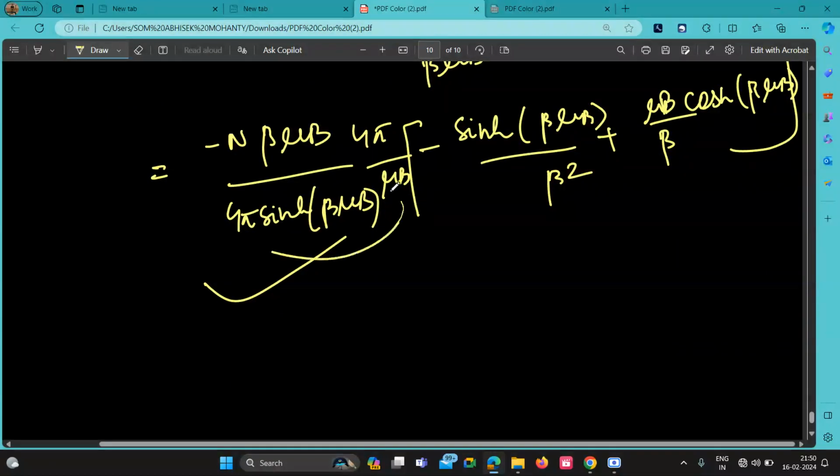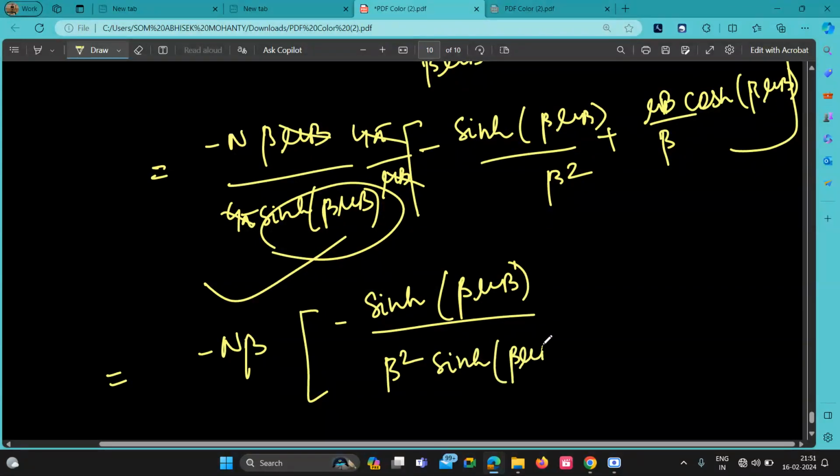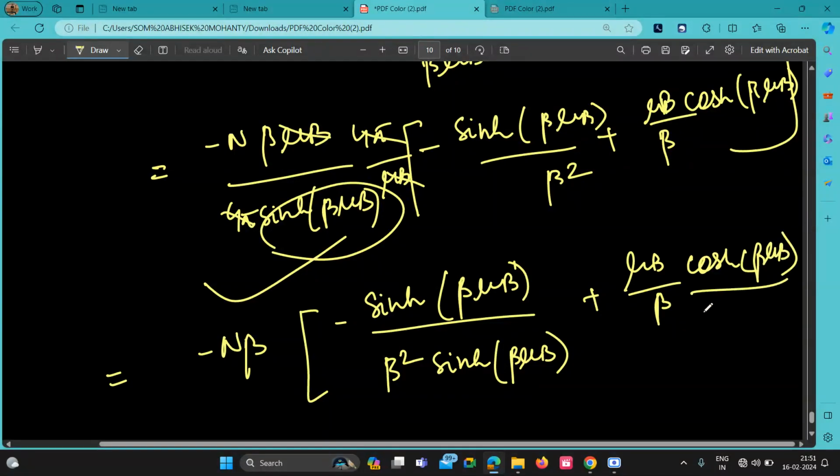If I divide this sinh beta mu b on the inside, the 4 pi will be cancelled out. So minus n beta, what goes inside sinh, and then beta square sinh beta mu b, minus mu by beta cosh beta mu b by sinh beta mu b.